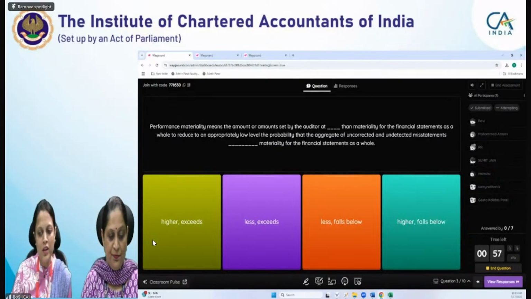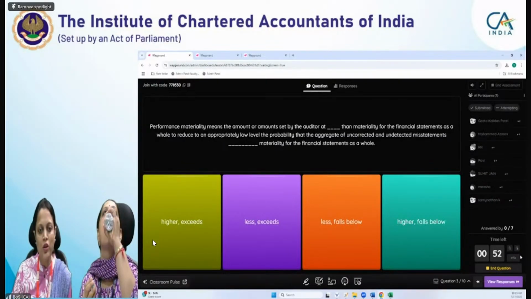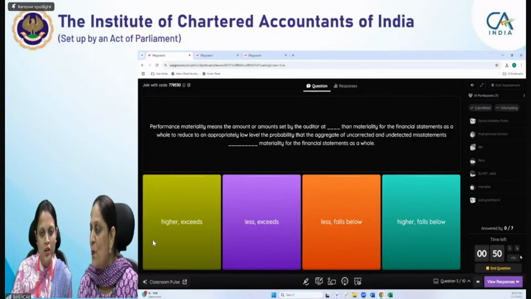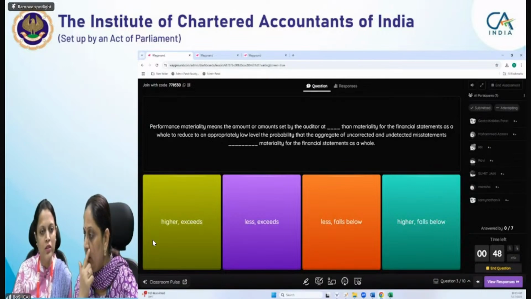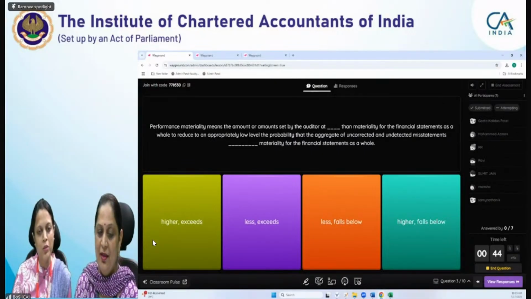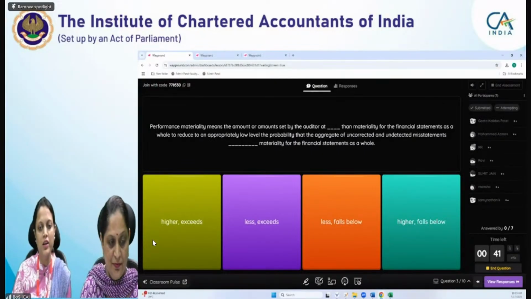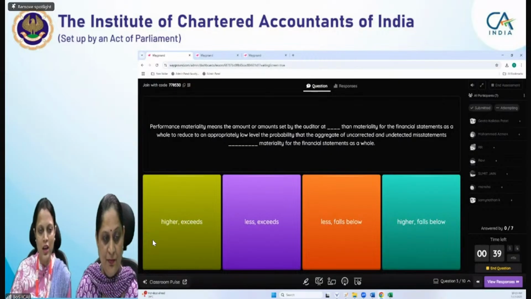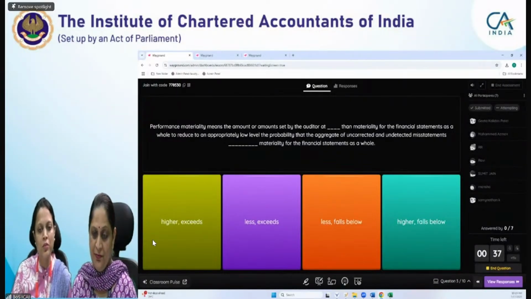Performance materiality means the amount or amounts set by the auditor at dash than materiality for the financial statement as a whole to reduce to an appropriately low level the probability that the aggregate of uncorrected and undetected misstatement dash materiality for the financial statement as a whole.